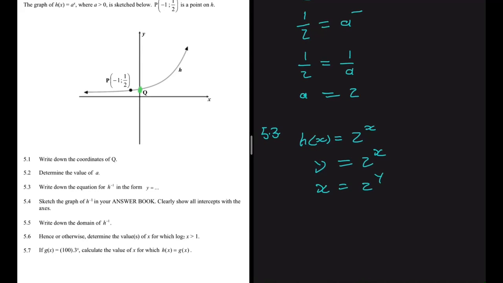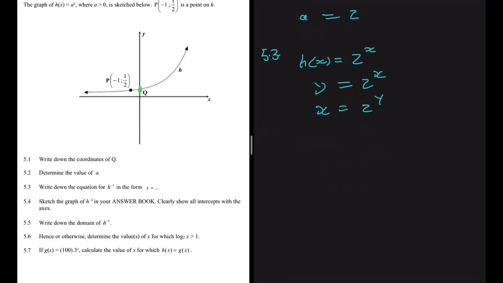And then if you solve this, you have the equation of the inverse. But it looks a bit complicated now. We have y as an exponent. How do we get through that? We introduce log on both sides, right? So we're going to have log of x equal to log of 2 to the power y. So log of x will be equal to, we can bring y down because we've introduced the log, right?